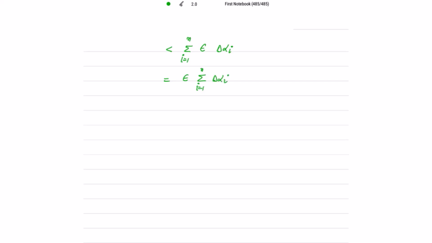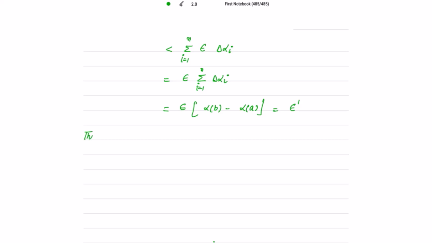This summation will all cancel out, and at the end we will be left with the value of alpha at b minus the value of alpha at a. This is just a number, let's say this is epsilon dash.